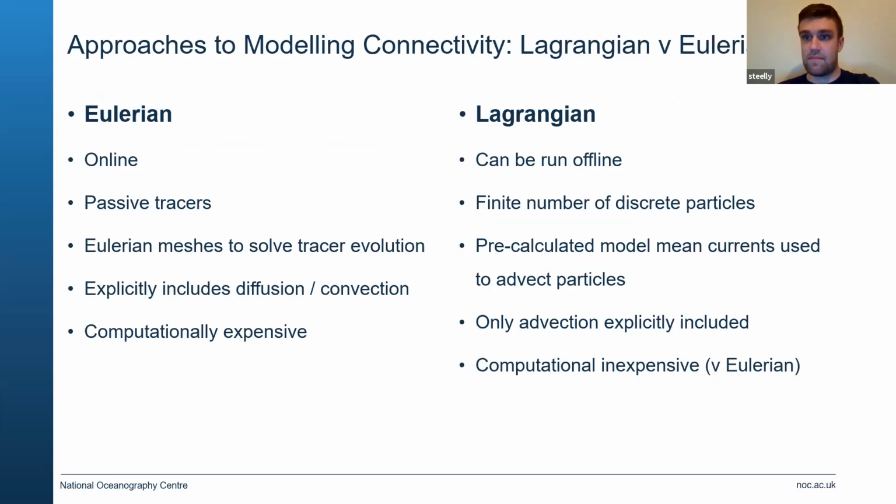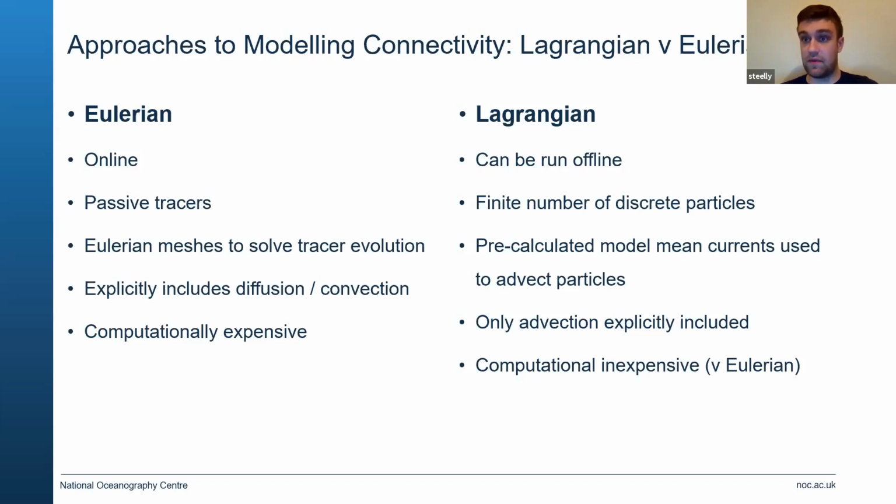So it makes use of pre-existing model output, which is the most powerful part of it, because you're adding value to something which has already been done. And by using these pre-calculated model means, you can use incredibly high resolution models that might be prohibitively expensive to use from a purely Eulerian approach.